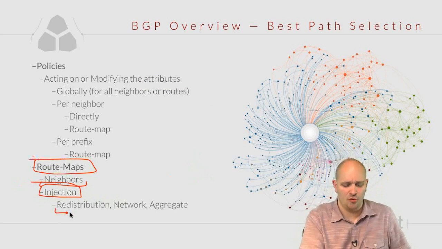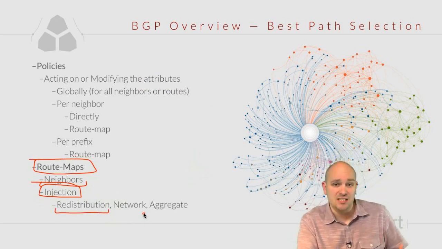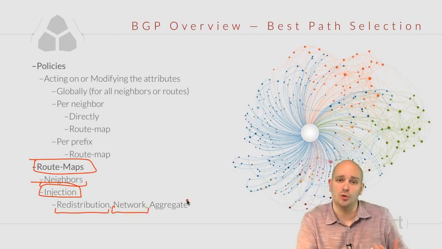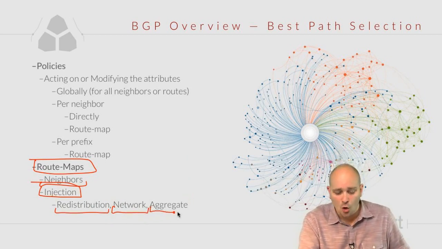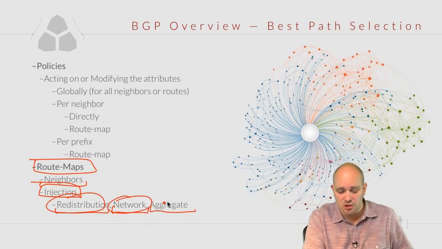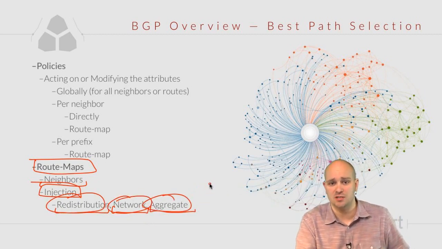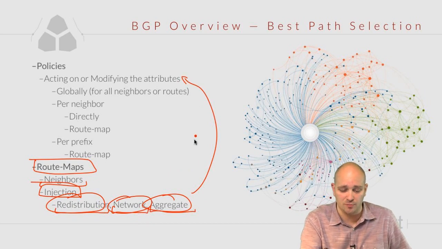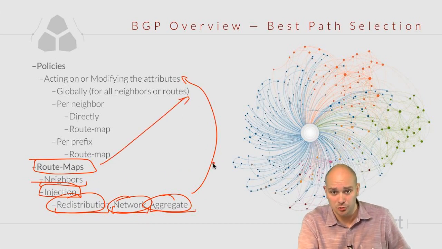Injection points are either moments when you redistribute the routes, or you want to insert routes using the network statements, or you're performing BGP summarization. All of these injection points support additional setting and modification of attributes using route maps.